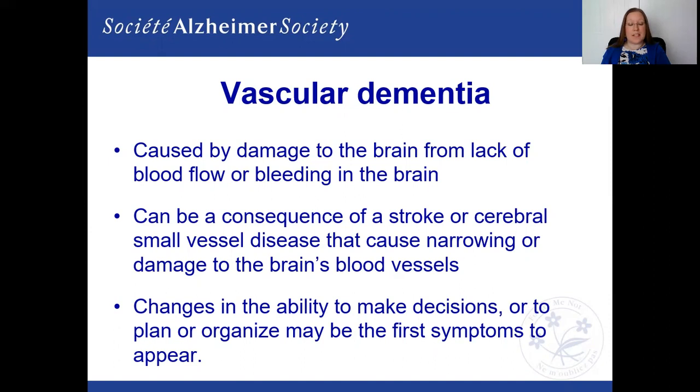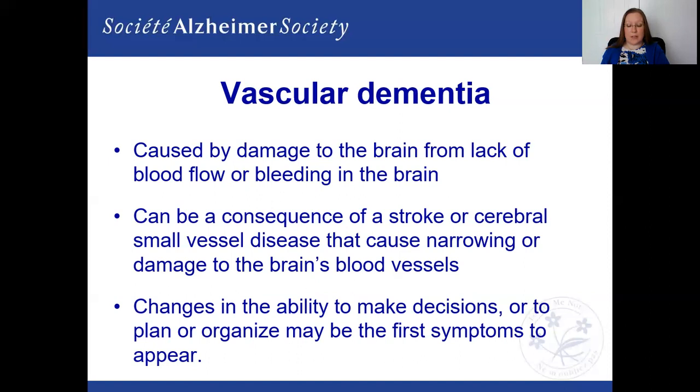So for those that are experiencing vascular dementia, the symptoms will differ from person to person, depending on the area of the brain that's affected. Someone with vascular dementia may notice changes in their ability to make decisions, to plan and organize, and to look at and make those decisions for the future.